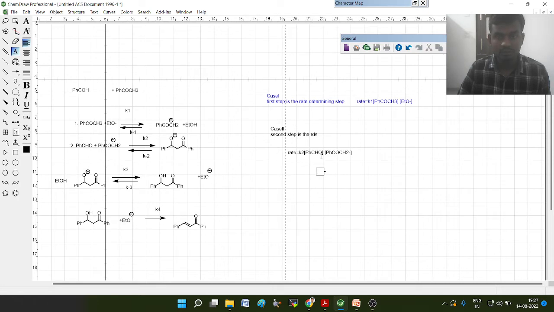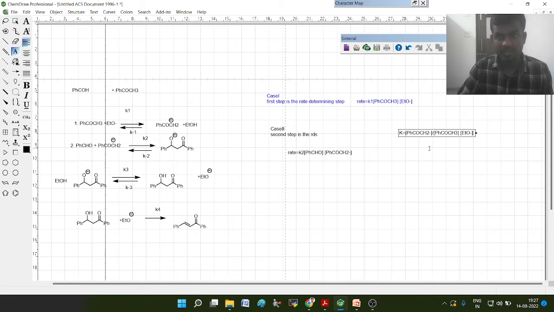Now we want to replace the concentration of this PhCOCH2 minus with some other terms. You can understand this from the first step. What is the equilibrium constant? The equilibrium constant K1 will be equal to the concentration of product, PhCOCH2 minus, since EtOH is the solvent its concentration is large, so it is independent of that, divided by the concentration of the two reactants, PhCOCH3 multiplied by EtO minus.